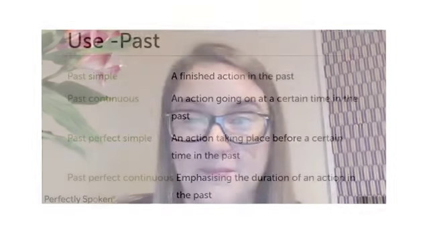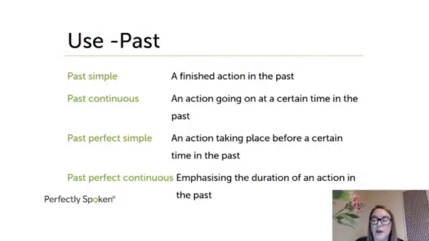So the action of eating happened over a period, but it's in the past. Past perfect simple, an action taking place before a certain time in the past. And past perfect continuous, again emphasizing duration of an action, but this time in the past. So a similar idea to the present, but if it's a past perfect continuous, it happened in the past.